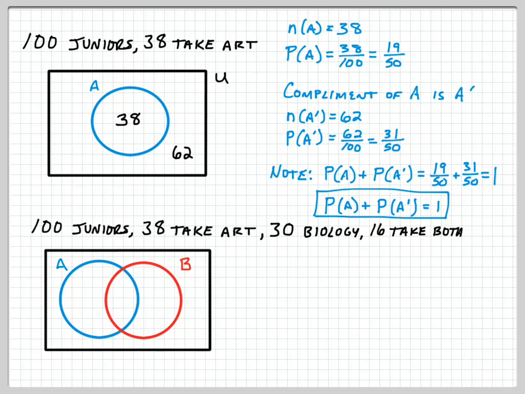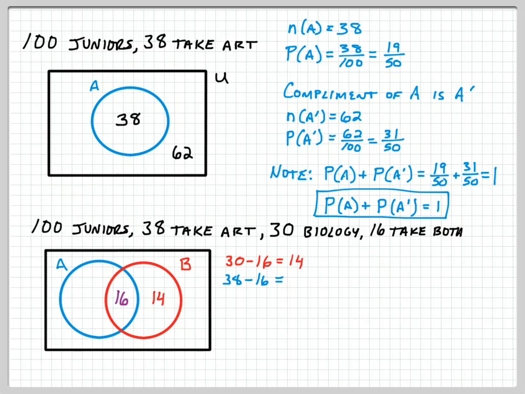Now, the overlap where these two circles intersect, that's where we're going to talk about the students who are taking both subjects.